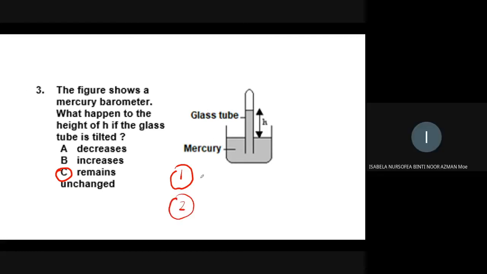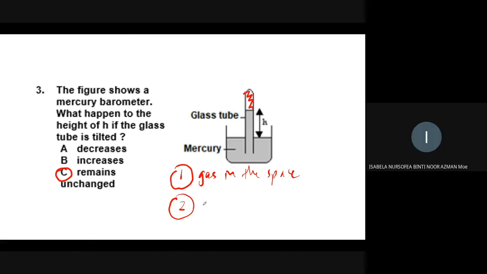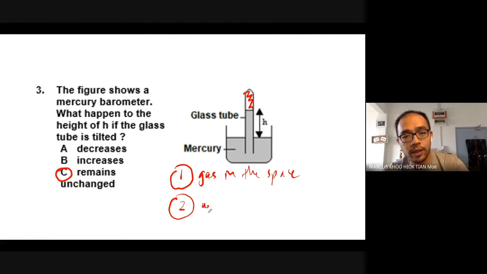Vacuum space in glass filled with gas. Okay, there's gas in the space. So over here there's gas, then the H will go down. What is the other situation where the H will decrease? Carried up to a mountain. Okay, bring it up the mountain.